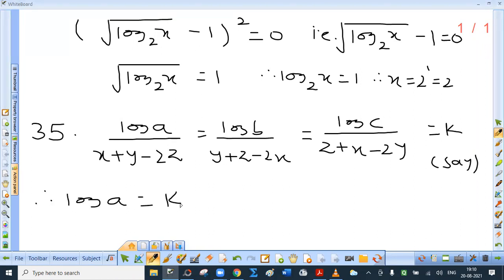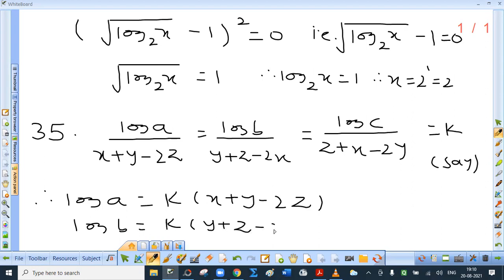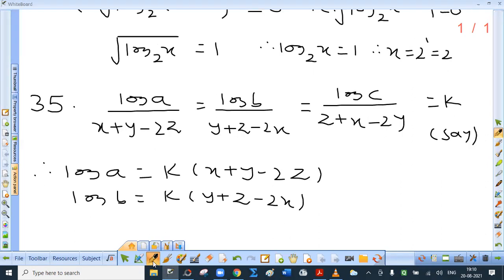It is k into x plus y minus 2z. What is log b? K into y plus z minus 2x. And log c equal to k into z plus x minus 2y.